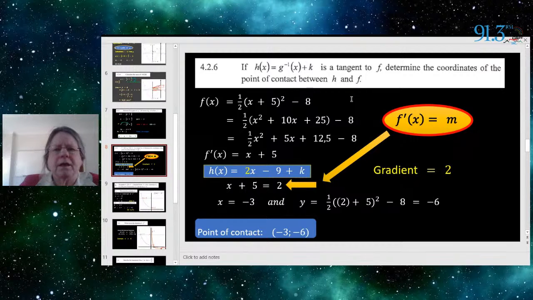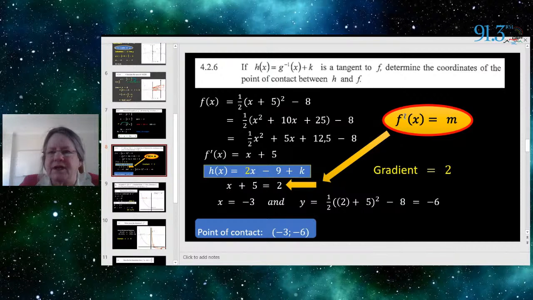So, to approach this question, we need to immediately know that when they talk about a tangent, we are actually doing calculus, and we're working with derivatives. And if you see anything with derivatives, remember this in yellow is your basic equation when you do derivatives.